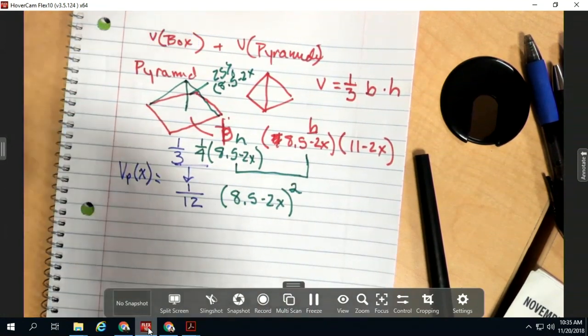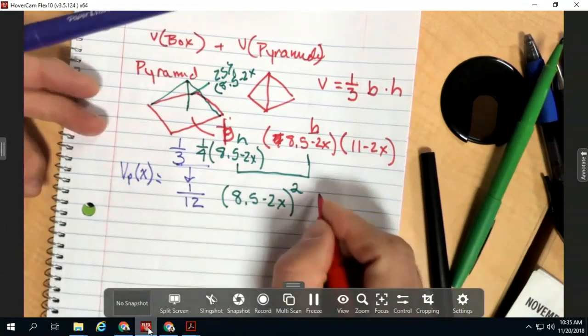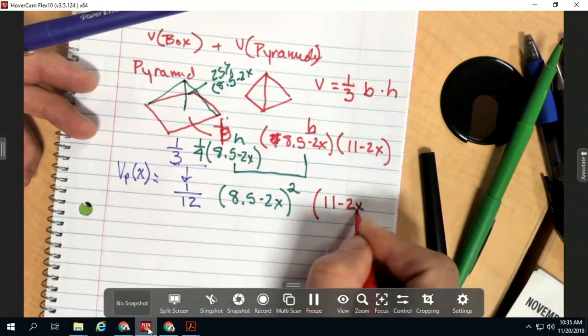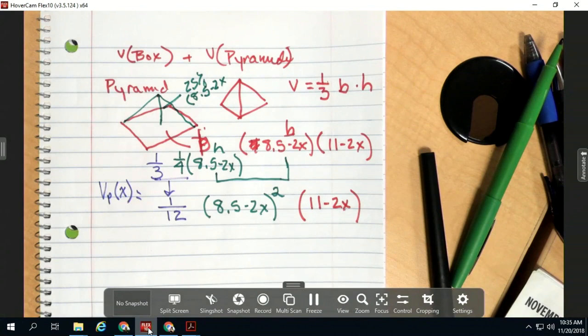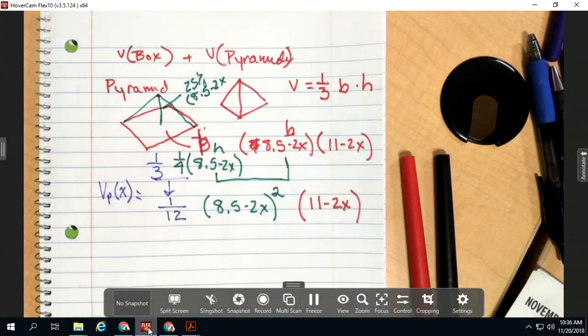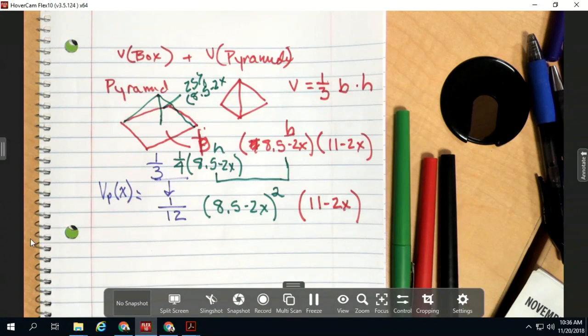Squared. Good. Times 11 minus 2x. Why is that squared? Because I have an 8.5 minus 2x as the height, and I have an 8.5 minus 2x as part of the base.